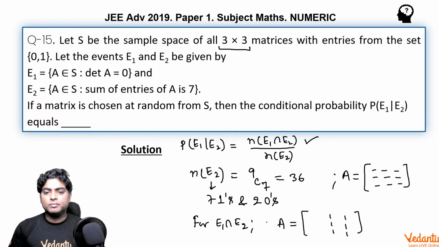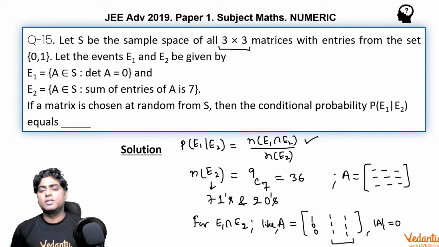For example, if I take A as this, the determinant of A here is 0, because we know from the property of determinants, if two rows or two columns are identical, the value of determinant is 0.